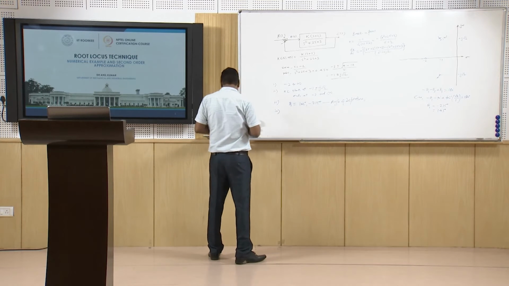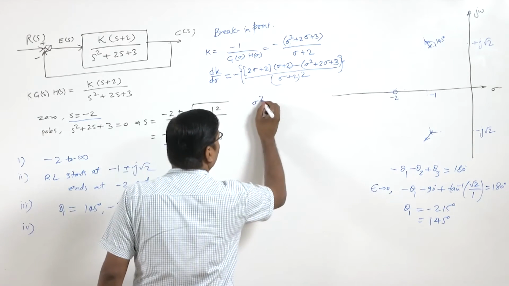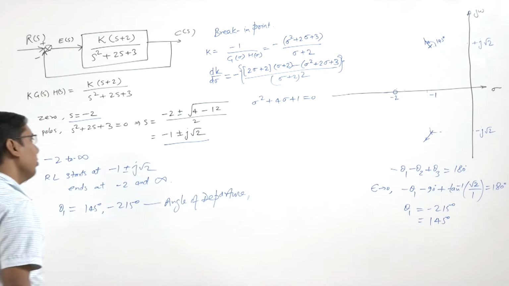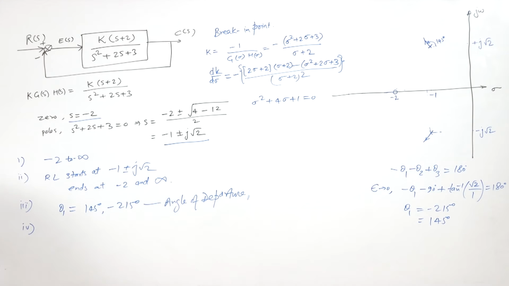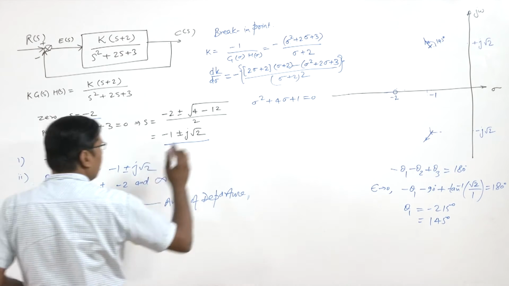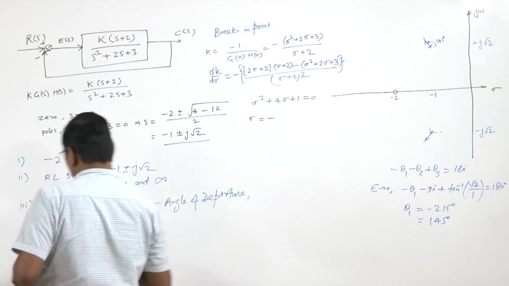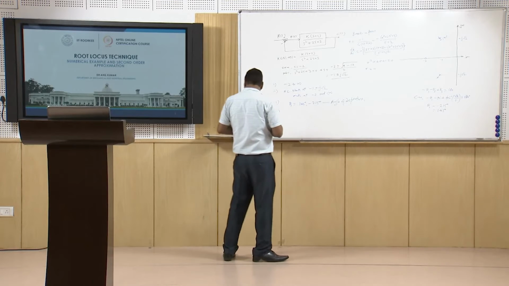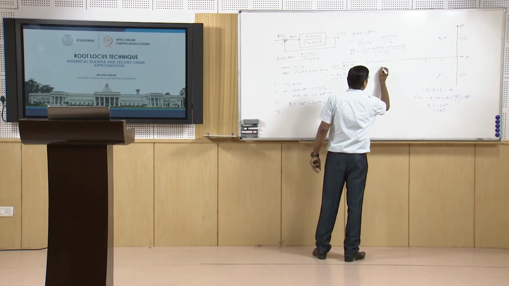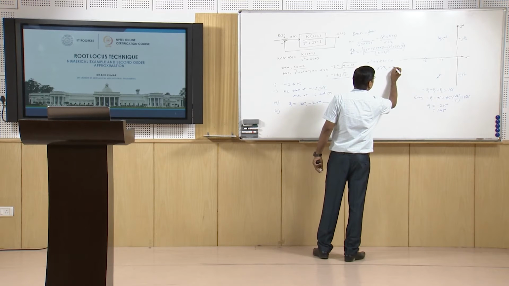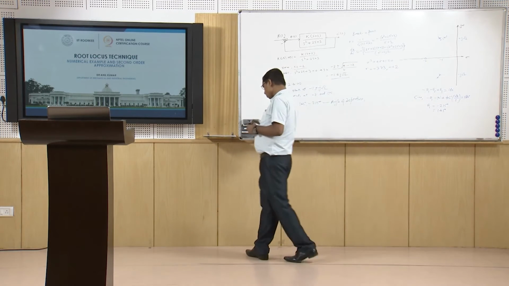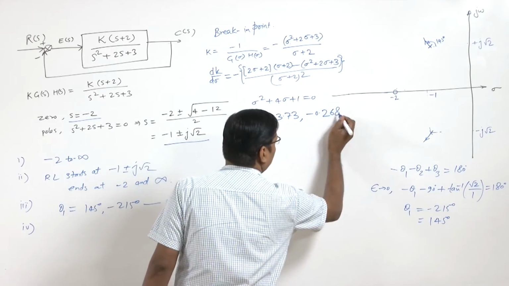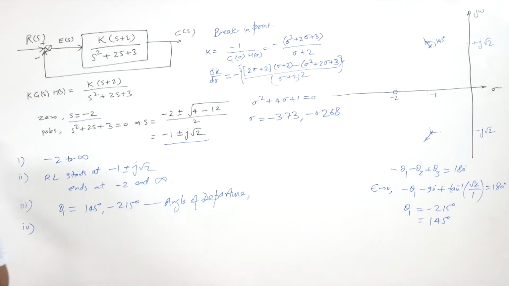So we solve it, and we finally get this equation: sigma square plus 4 sigma plus 1 equal to 0, and we get sigma equal to minus 3.73 and minus 0.268. So these are the 2 points we are getting.